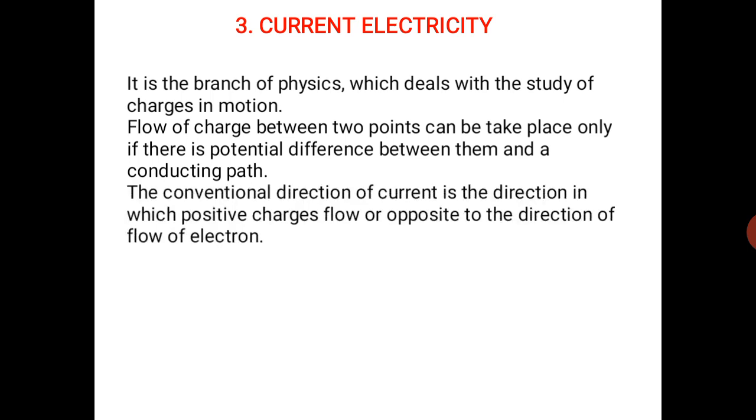The conventional direction of current is the direction in which positive charges flow, or opposite to the direction of flow of electrons.